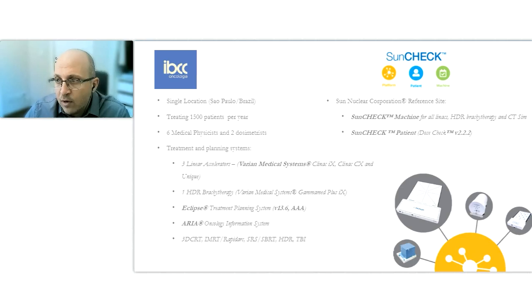It is a 100% Varian environment, and we have 3 linear accelerators and 1 brachytherapy unit, and we deliver all of the high-technology treatment techniques in our department. And we are a Sun Nuclear reference site too, and we have these solutions from the company.